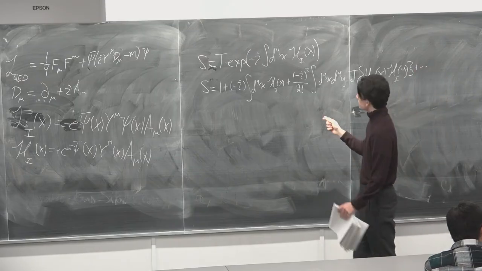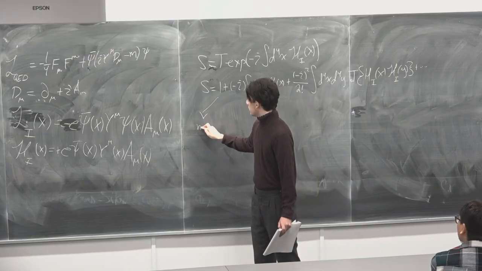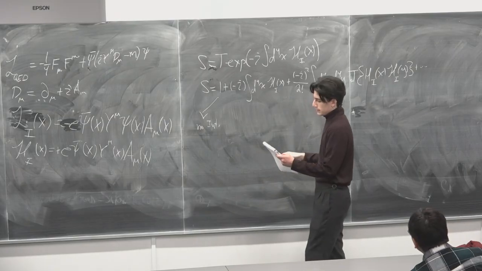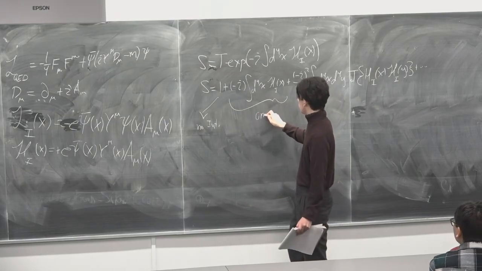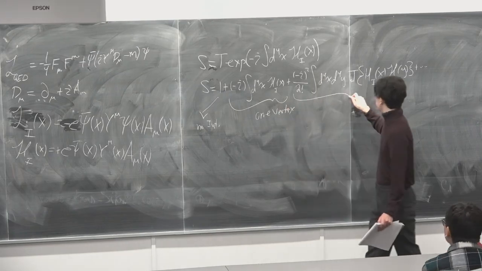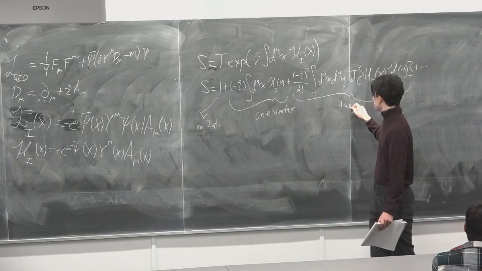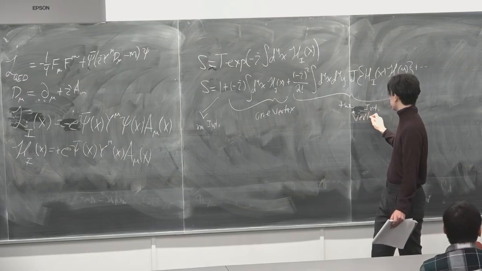So this first term is no interaction. The second term, you'll add one vertex. And then this term, you'll use for two interaction vertices.